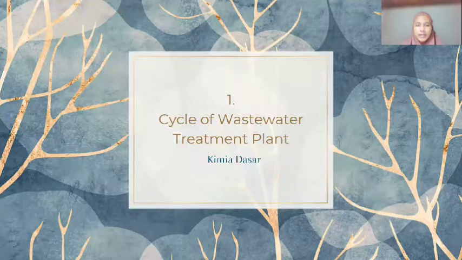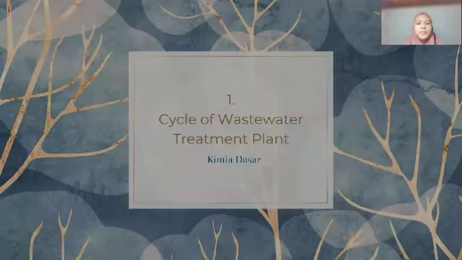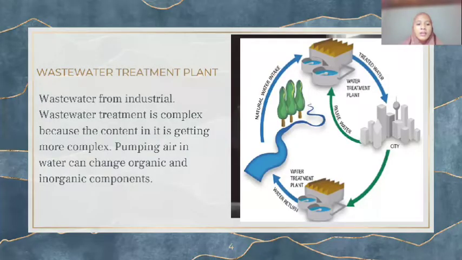Number 1. Cycle of wastewater treatment plant. The water cycle is continuous from year to year, and that's why we have to conserve water. Wastewater from industry is complex to treat because the content in it is getting more complex.